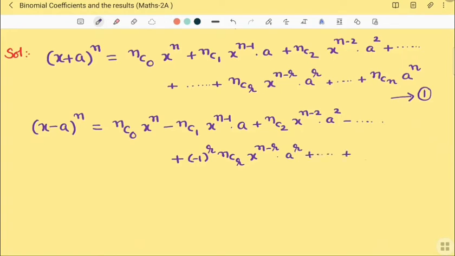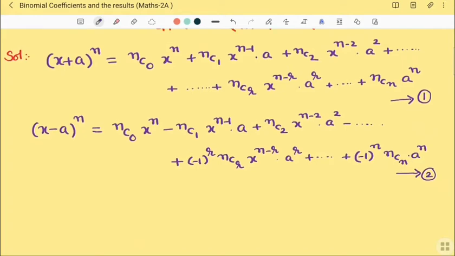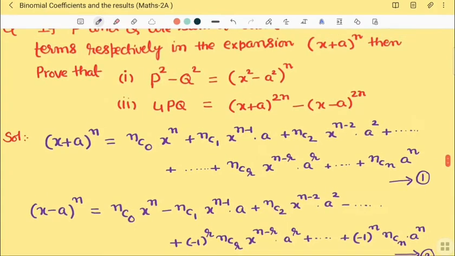Here also (−1) whole power n nCn a power n. Keep that as equation number 2. After writing these two expansions, the condition is given. Just I will scroll up.